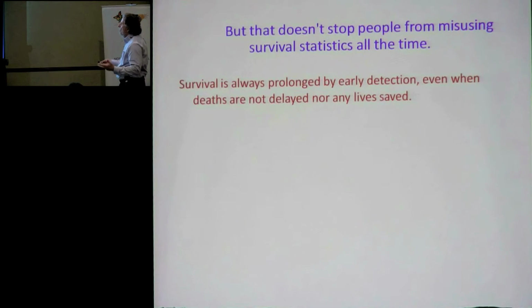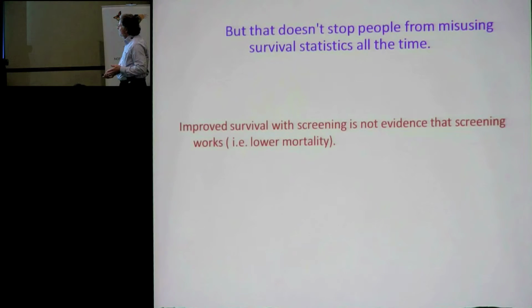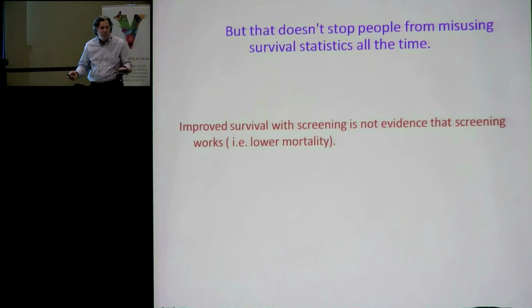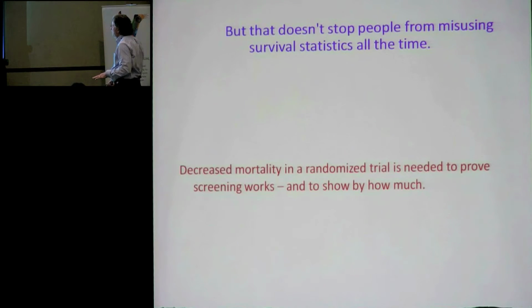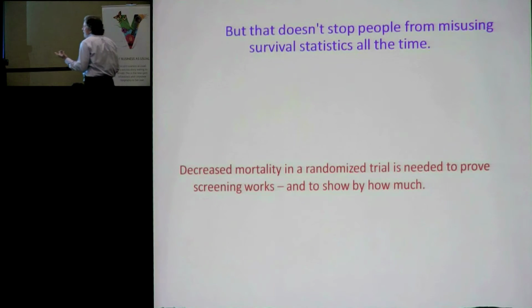Survival is always prolonged by early detection, even when death is not delayed or any lives saved. Improved survival with screening is not evidence that screening works. You need lower mortality to prove screening works. Decreased mortality in a randomized trial is needed to prove screening works and to show by how much it works.